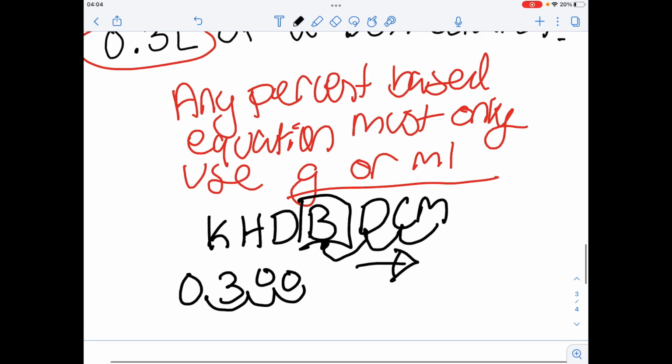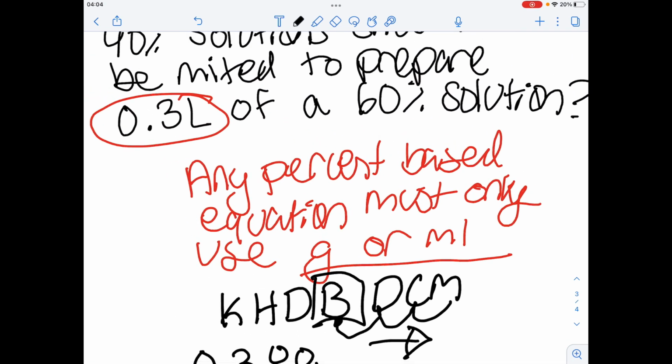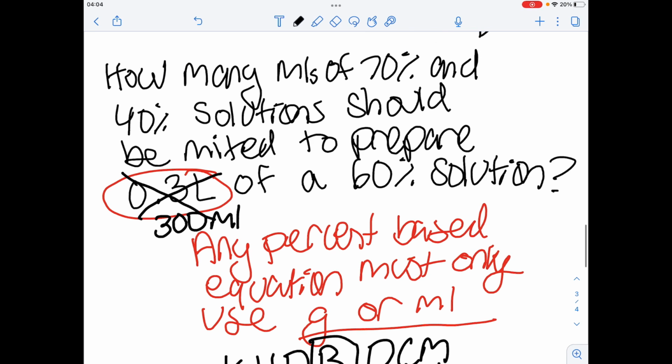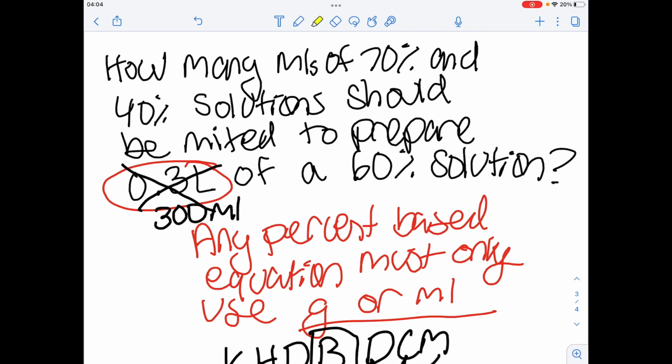So now we have 300 milliliters. Okay, so let's continue with our problem. How many milliliters of 70% and 40% solutions should be mixed to prepare 300 milliliters of a 60% solution? In blue is what we're trying to find, and in yellow is what we're mixing.